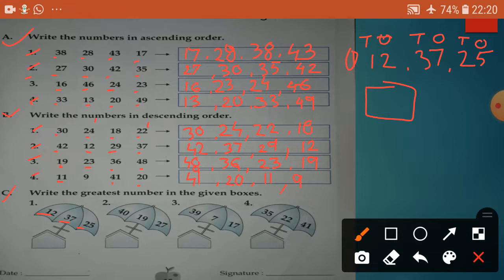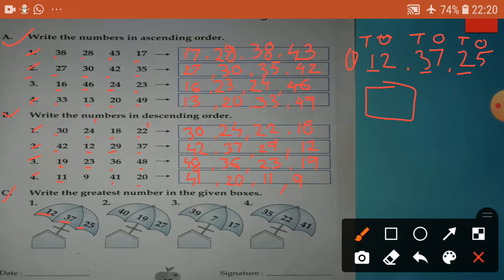So see here, ones is different and tens also different. So I underline just tens. 3, 2.